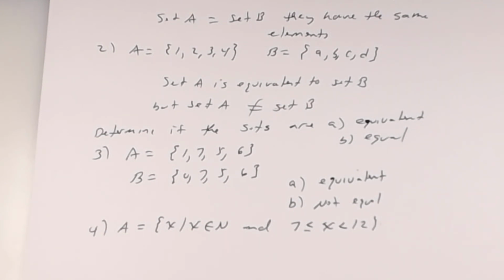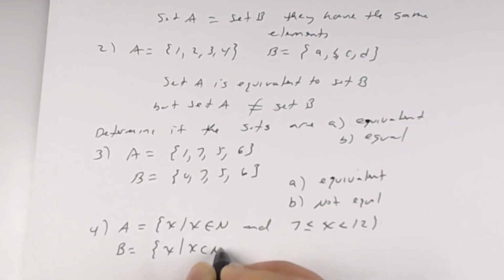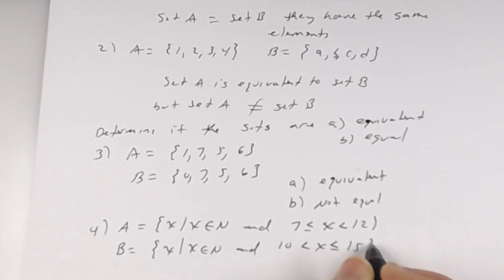This says that all the x's have to be between 7 and 12, including what number? 7, and not including what number? 12, because there's no equal sign there. And B, let's say, was this. The set of x's such that x is an element of the natural numbers, and 10 is less than x is less than or equal to 15.